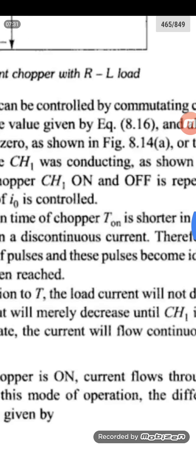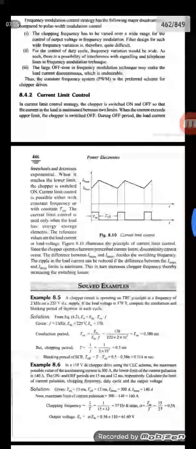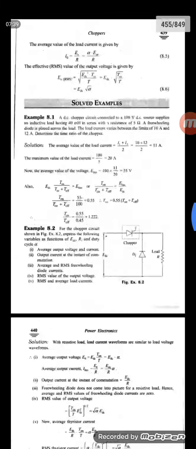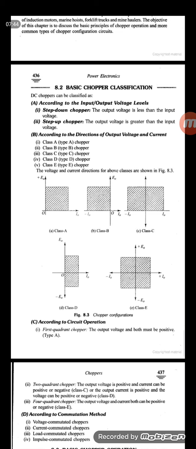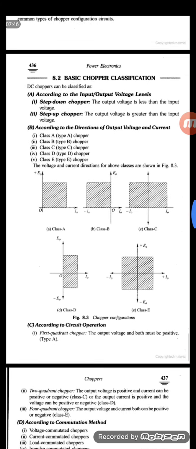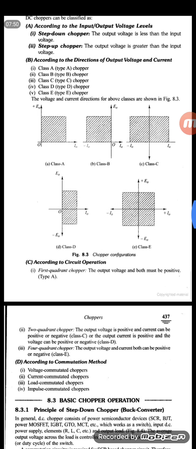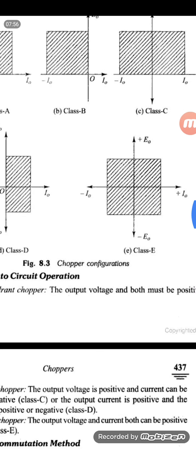In class C chopper, the output voltage is common, but you will get both positive and negative current. In class D chopper, the output current is common, and you will get both positive and negative output voltage.